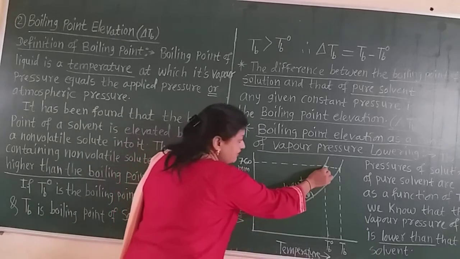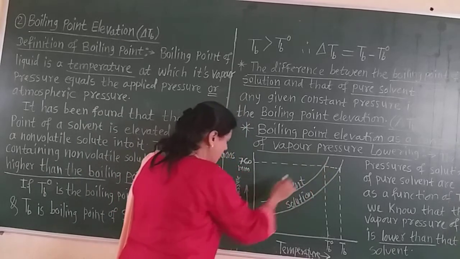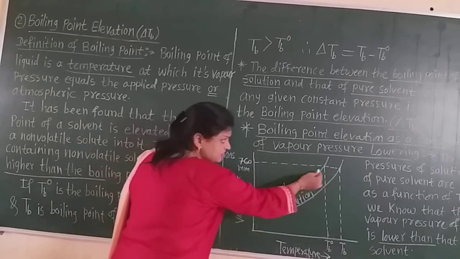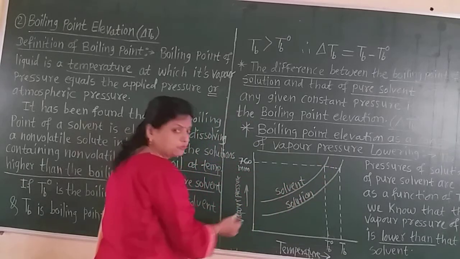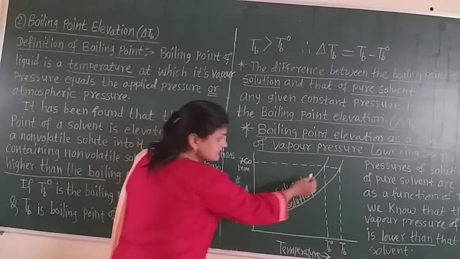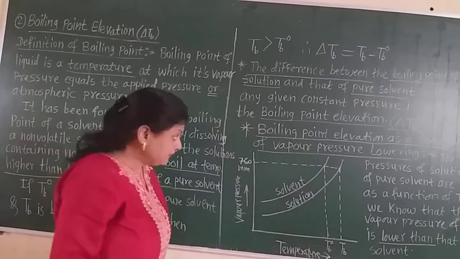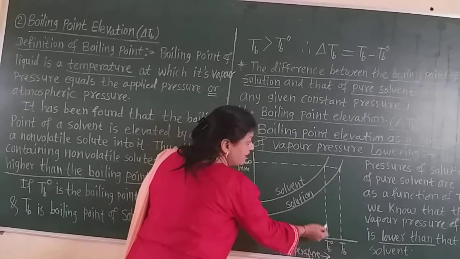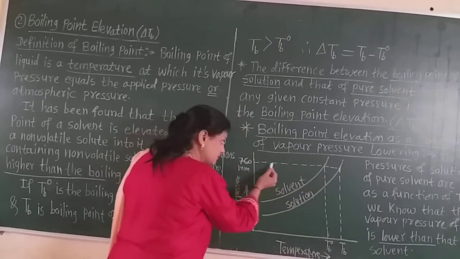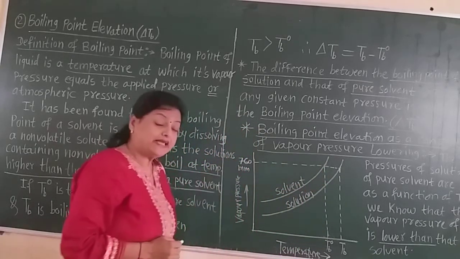Now this is the vapor pressure temperature curve of the solvent. This temperature T0B is the temperature at which the vapor pressure of the solvent becomes equal to atmospheric pressure.